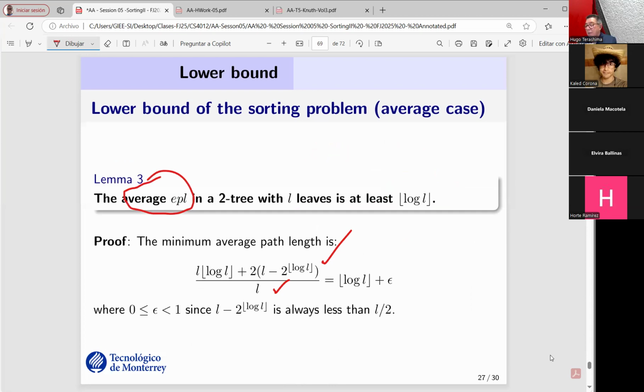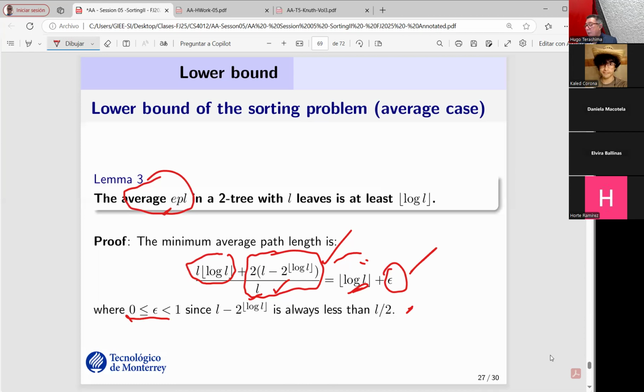And what is that value? L log L over L is what? Log of L, right? And this other term over L is going to be a constant, a value between 0 and 1, right? This is a constant, so the average EPL is going to be log of L.